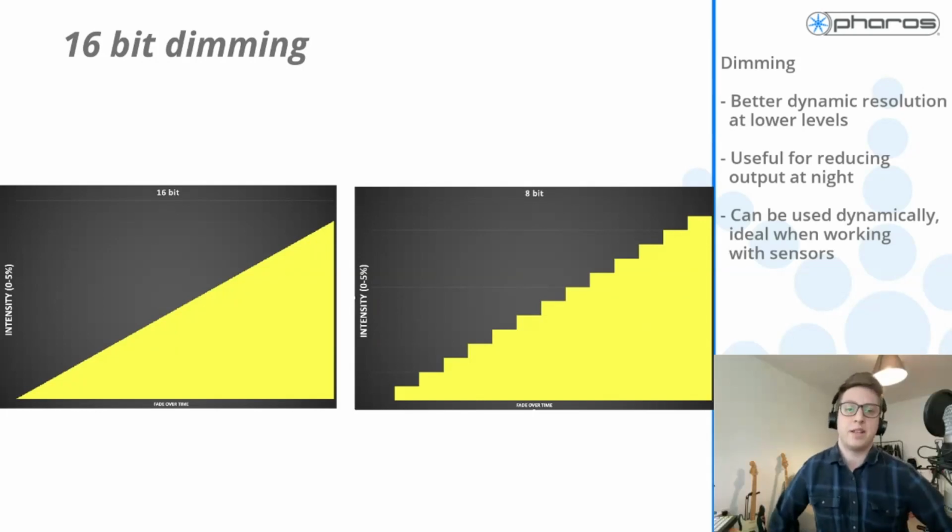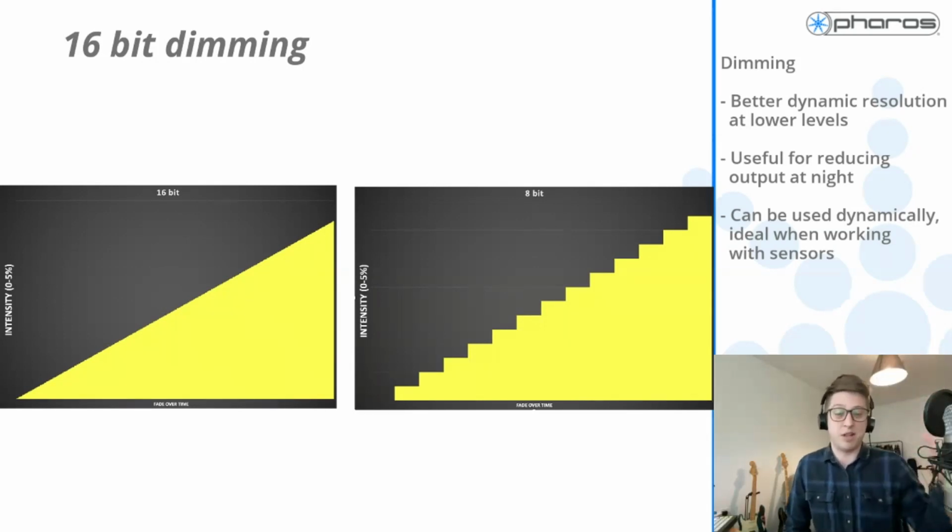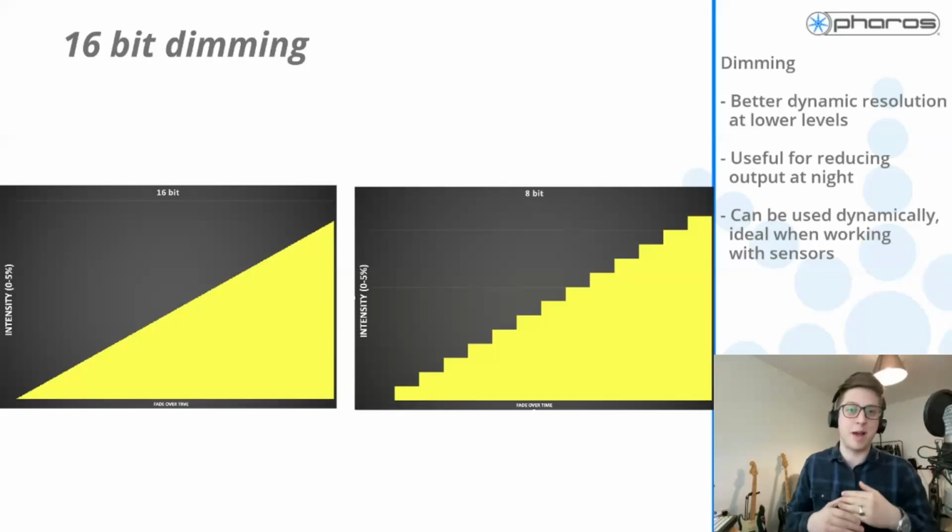16-bit dimming is really useful for protecting your dynamic resolution at lower levels. So imagine if you're using 8-bit dimming. When you pull that master intensity down, you have less resolution between your maximum output and where you pull the master intensity down to. Between 0 and 5% on 8-bit dimming, I believe you have about 20 or so steps.